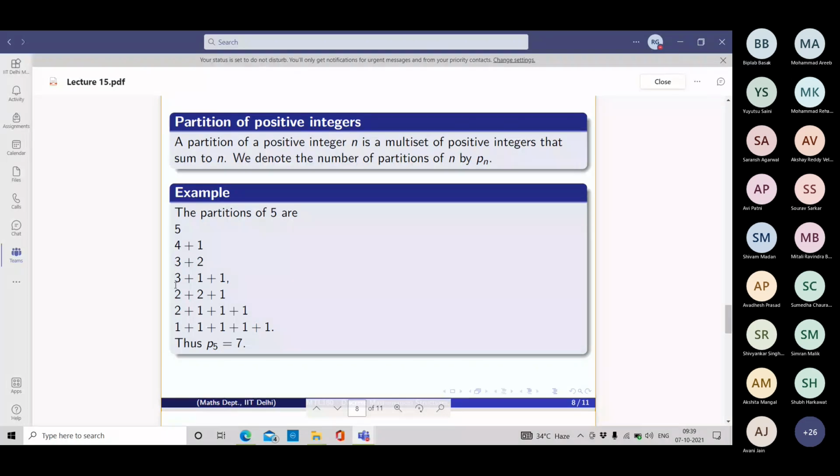This won't work: 3 plus 1 plus 1, because one is repeated. Similarly 2 plus 2 plus 1 will not work because 2 is repeated. So the last 4 will not work, and only the first 3 will work because they have different numbers: 5, 4 plus 1, 3 plus 2, right?